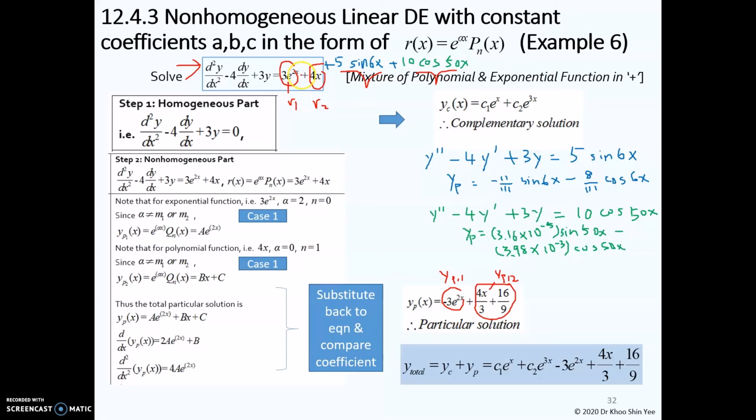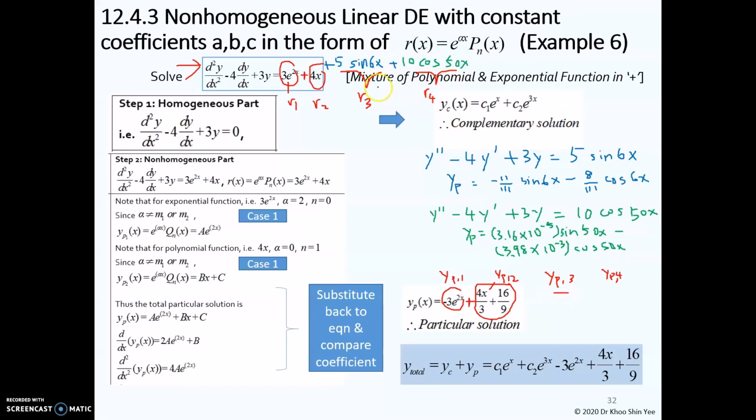Since the R1 is added with the R2 here, by using the linear superposition, yp1 will be added with the yp2 as well. Now you have 2 additional right hand side functions, which are R3 plus R4 here. Therefore, you need to find the corresponding particular solutions for yp3 and yp4.